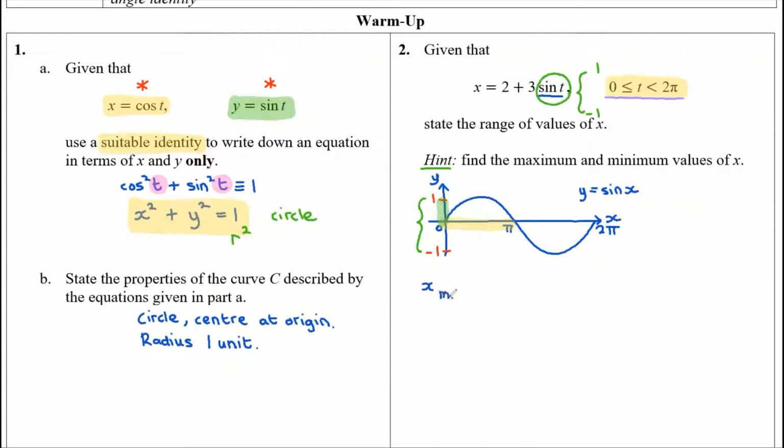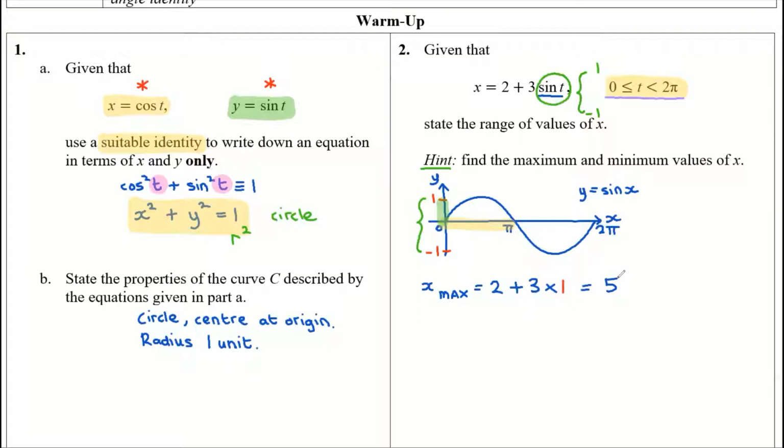I'll call that x max, and that would be equal to 2 plus 3 lots of the maximum value you can get for sine within that domain, or within that range of values of t, I should say, which is 1. Just tidying up, that's going to give us 5 altogether.